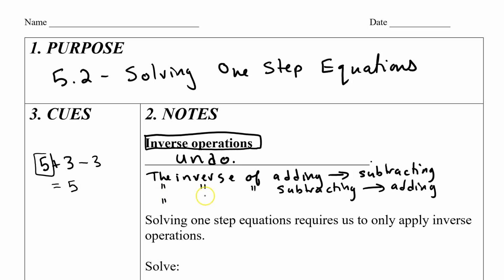The inverse of multiplication is division. And the inverse of division is multiplication.